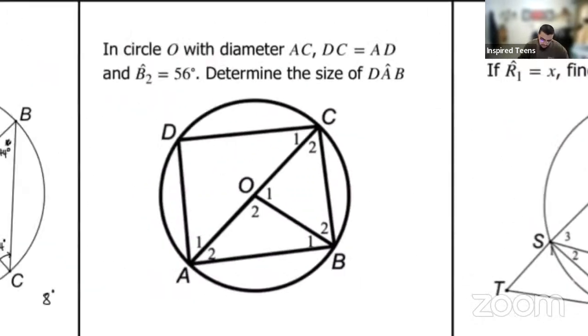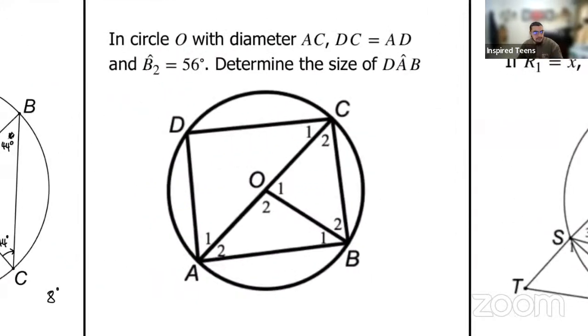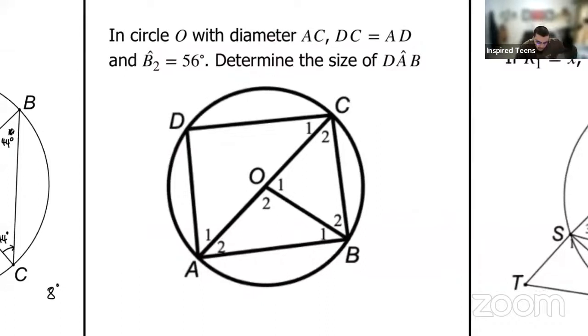In this circle O with diameter AC, AD, AC and DC equal to AD, and B2 is equal to 56 degrees, determine the size of DAB. So none of this information is translated over into the diagram, so let's do it.